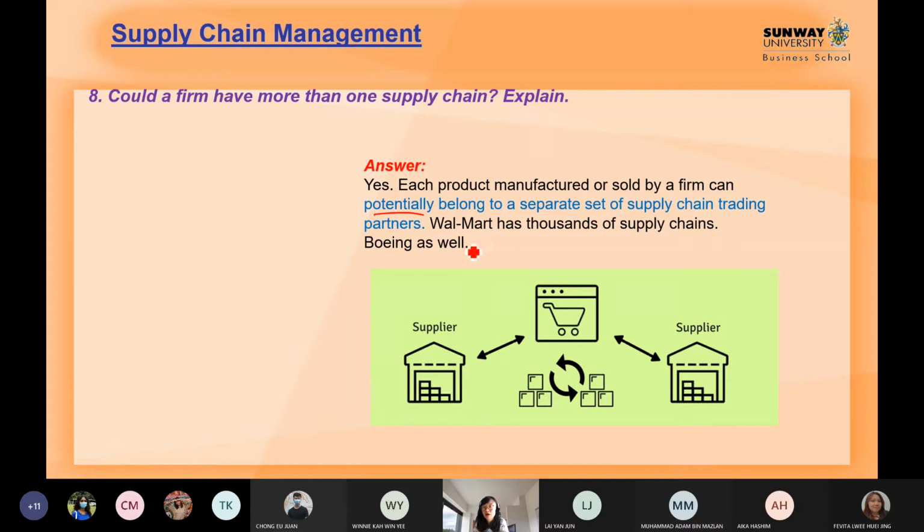That's why, of course, more choices, more selection. That is a positive result. Example, Walmart, Tesco, they have a lot of supplier brands. Okay, so you can see like supermarkets, they have so many suppliers.